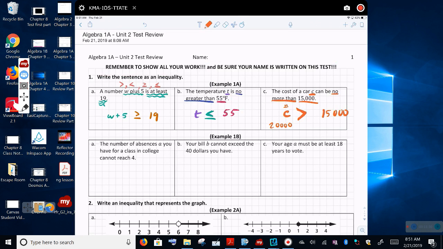But I have to look back at my problem and I know that it can't be 20,000, right? It has to be smaller than. So a number that would work is maybe 10,000. But I know that 15,000 is a bigger number. Right, so I actually want to change that sign. Okay? And then I can do 15,000.